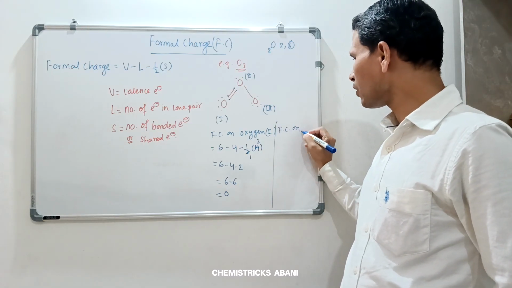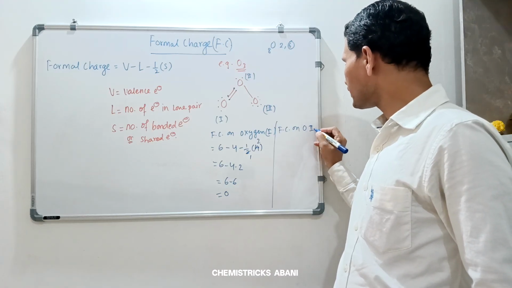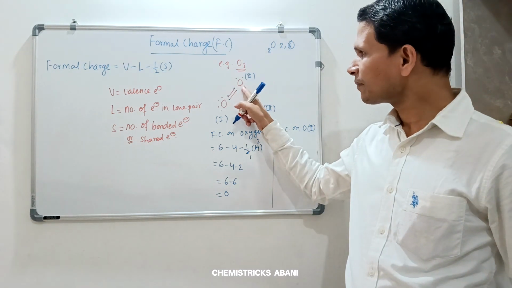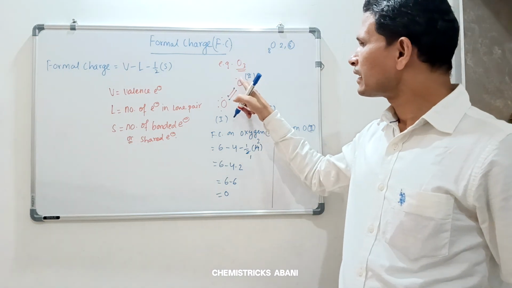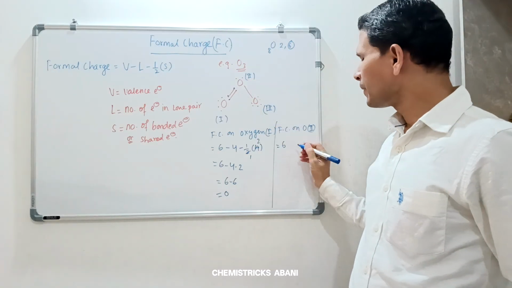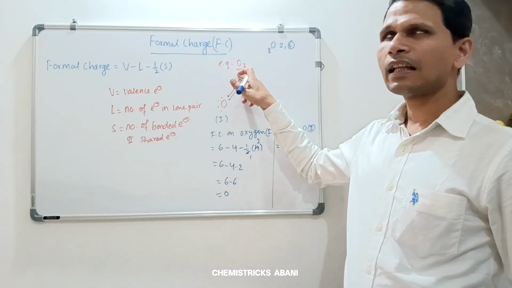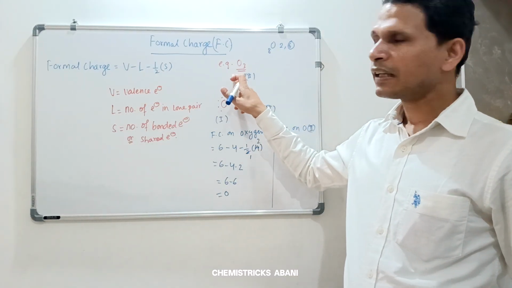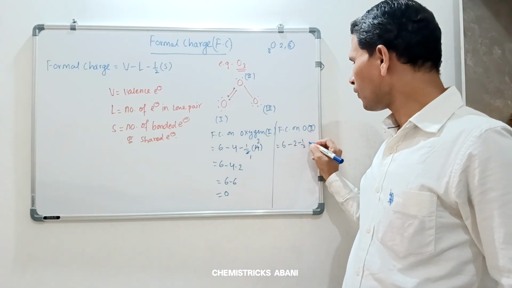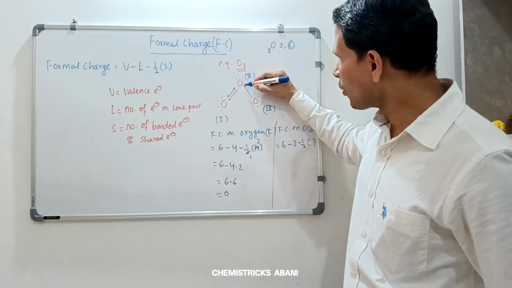See, formal charge on oxygen 2. This is our second oxygen. There are a total of 6 valence electrons, minus L. What is L? The number of electrons in the lone pair. There is only one lone pair and the electrons are 2. So I will write 2 here minus half of S. There are 1, 2 and 3, a total of 3 bonds.